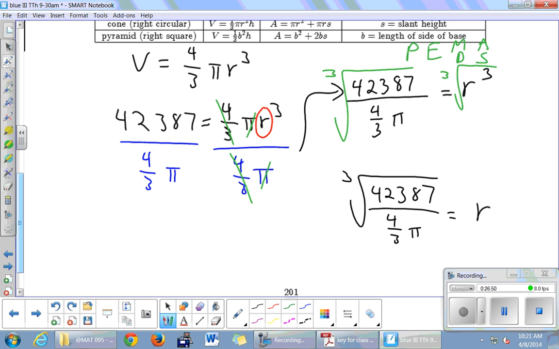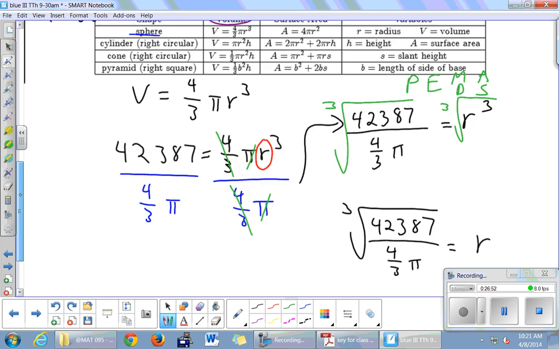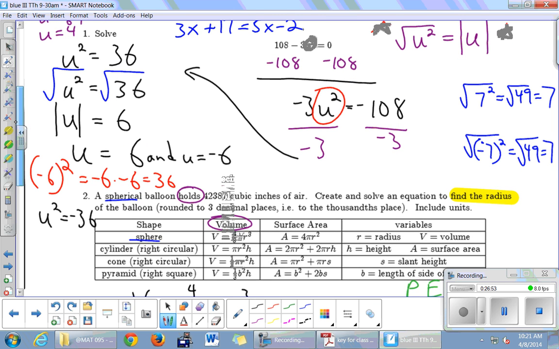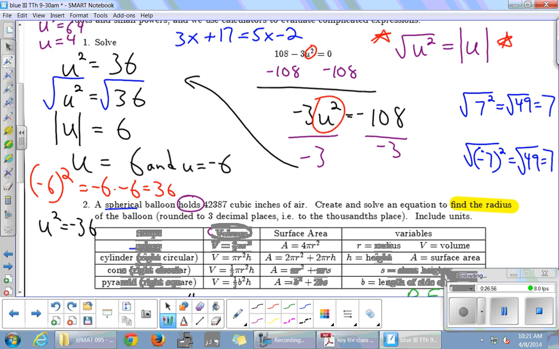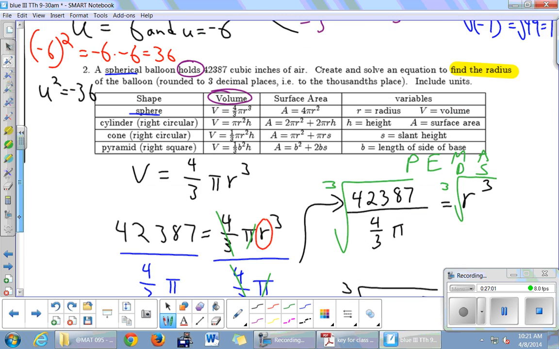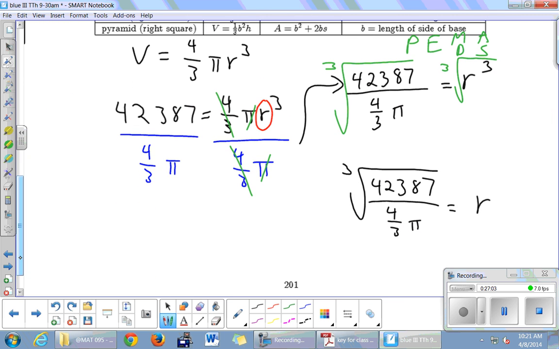I want to point out one other difference between this problem and the previous one. When we took the square root of u squared, what did we write? Absolute value of u. So it feels like I'm missing that because we took the cube root of r cubed, and it seems like absolute value belongs here. It doesn't.